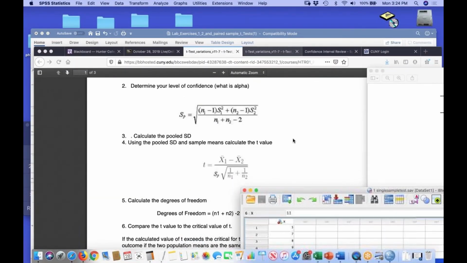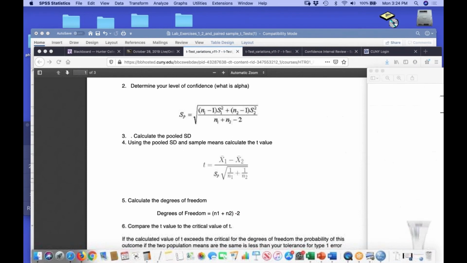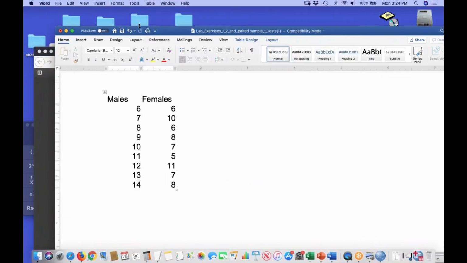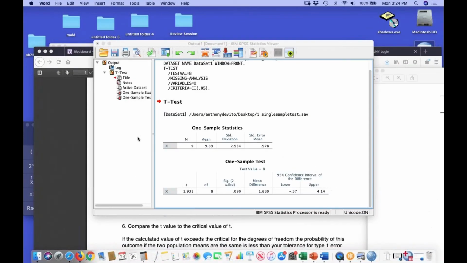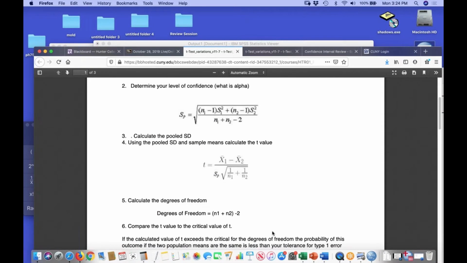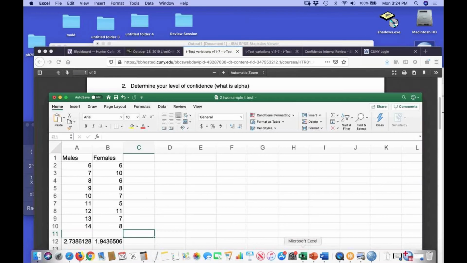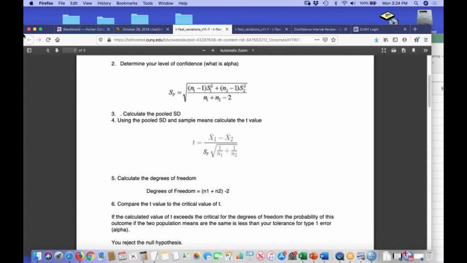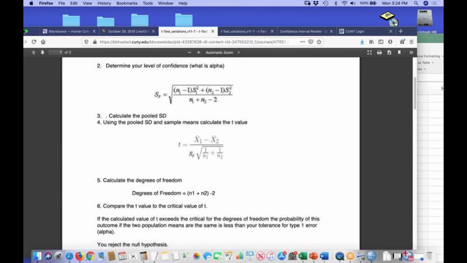Let me get this out of the way and minimize that. And where's my Excel file now? Okay, here are my two groups. Let me get these set up so I can see both at the same time.